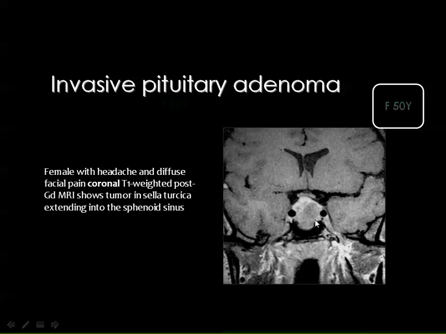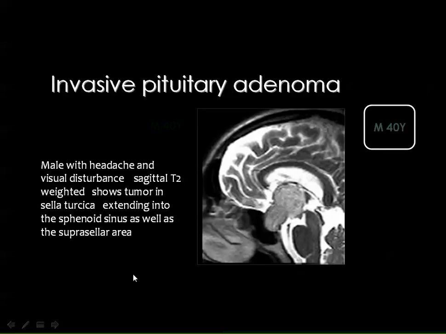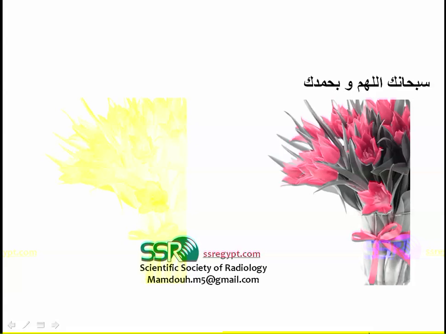And when I handle the imaging of the sella, you will see that some of the pituitary tumors are invasive, and they destroy the sellar floor and extend into the sphenoid sinus, like this invasive pituitary adenoma, which has extended in the suprasellar area and also invaded the maxillary sinus.